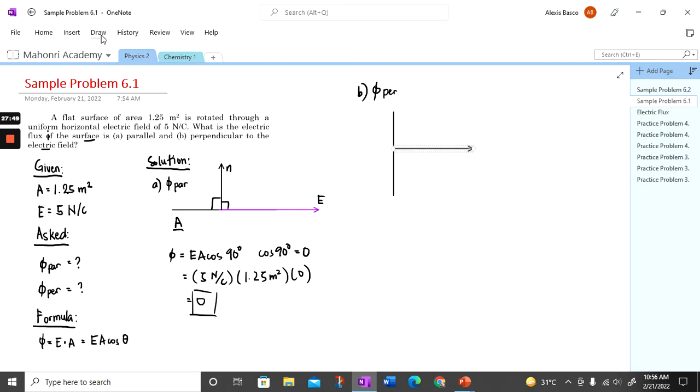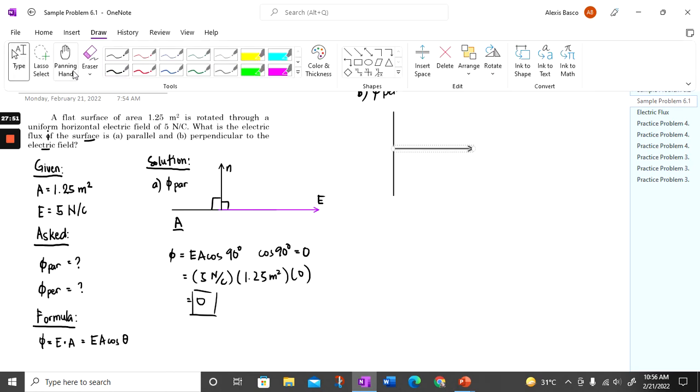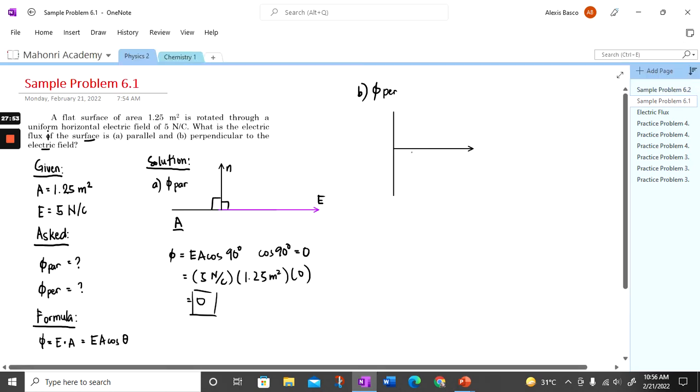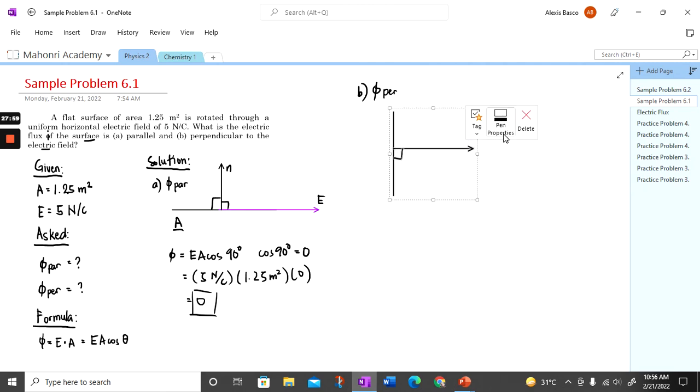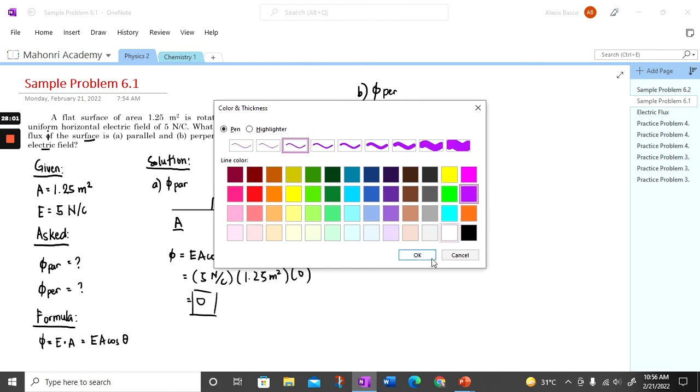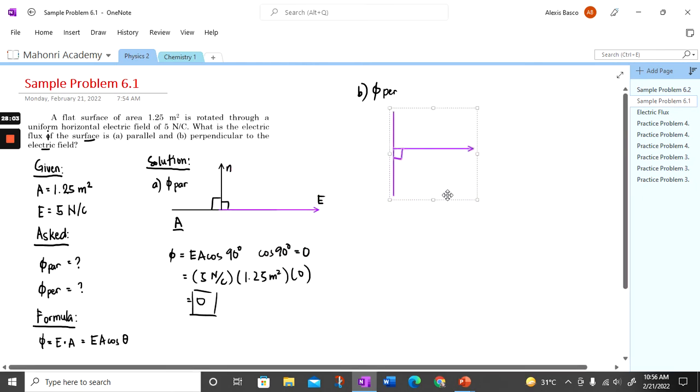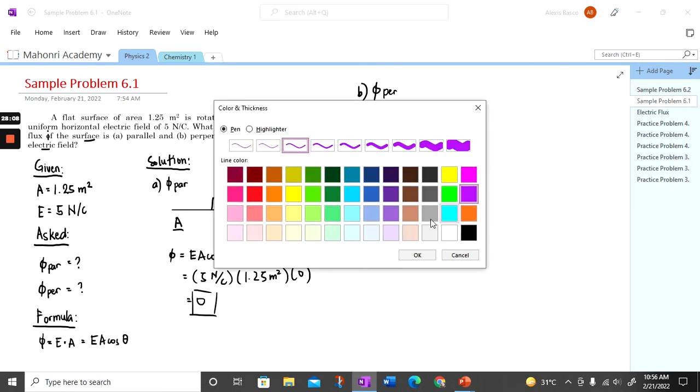Okay, so this E is perpendicular to my surface, this should be purple.